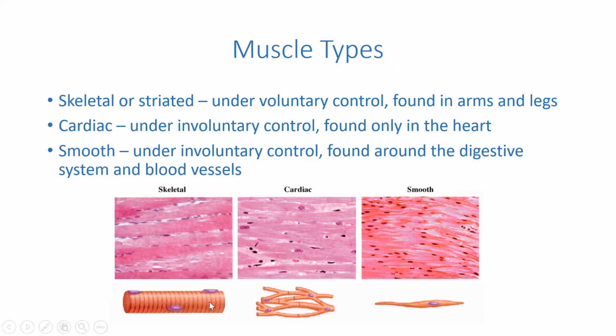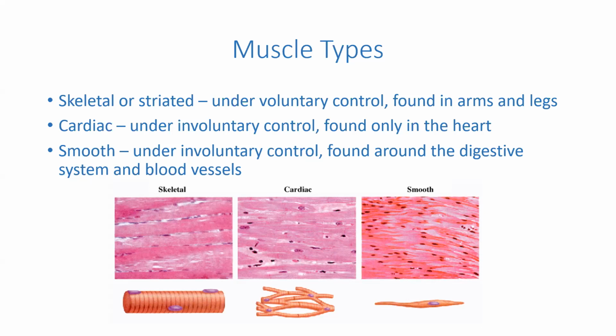But we control its movement. Cardiac muscle is also striated. And that's its only similarity to skeletal muscle, because cardiac muscle is found only in the heart. Clever, because it's called cardiac muscle, but it's only found in the heart, whereas skeletal muscle connects all the arms and legs and fingers and toes and bones together.